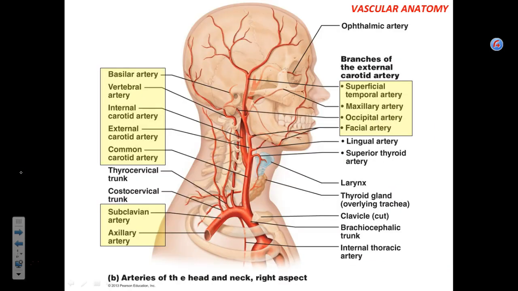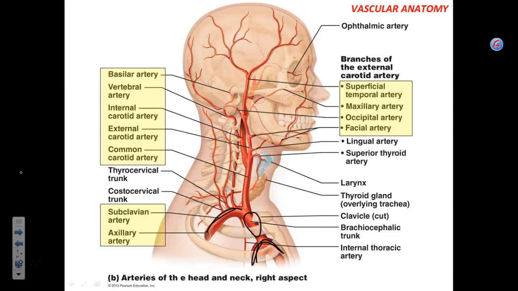Now, a little bit more in detail. You will probably see all the pictures that are in this part. So this is your trunk. That's the aortic arch.